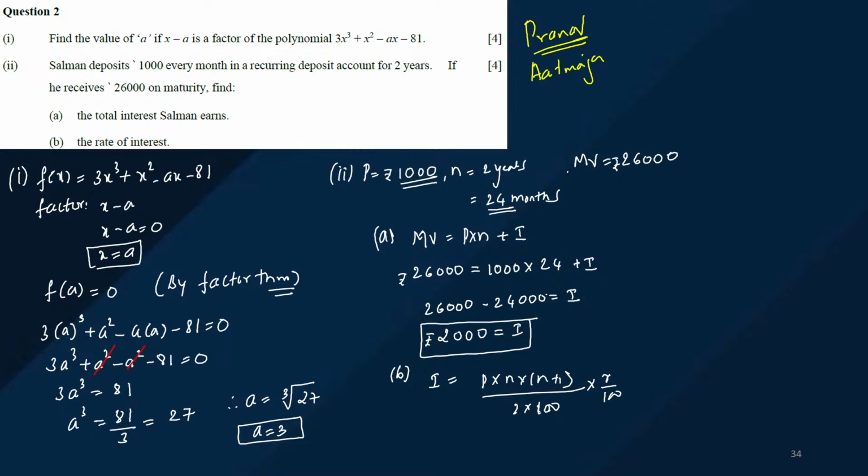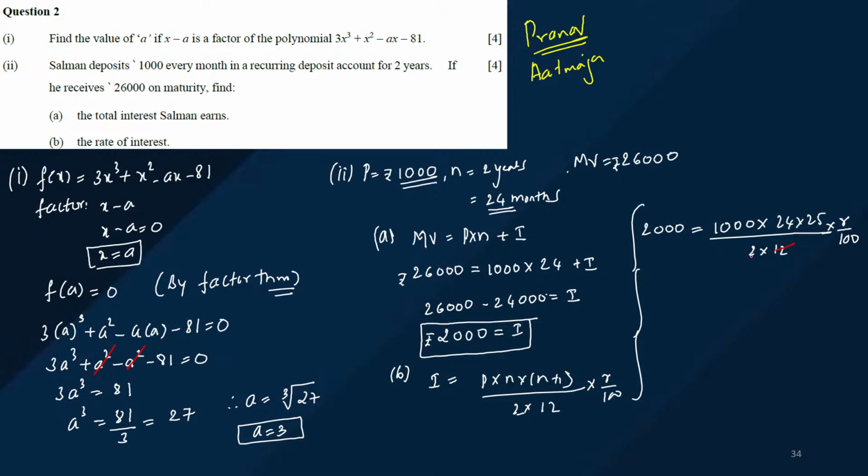Interest you already know: it is 2,000 rupees. P is 1,000 rupees. And N is 24, so 24 into 25 divided by 2 into 12 into R by 100.